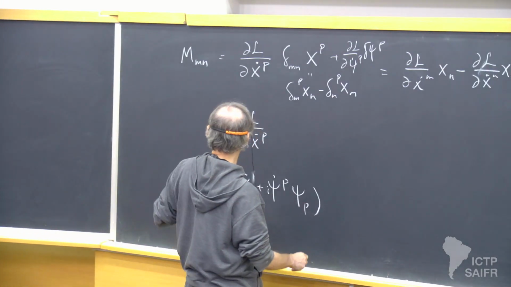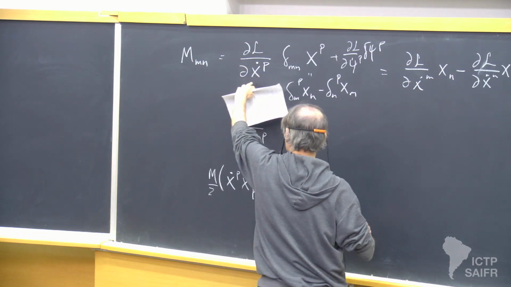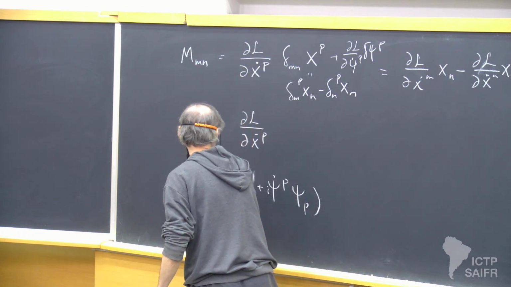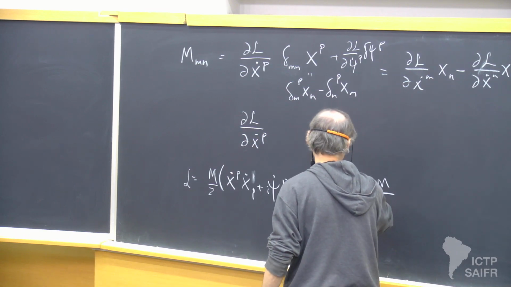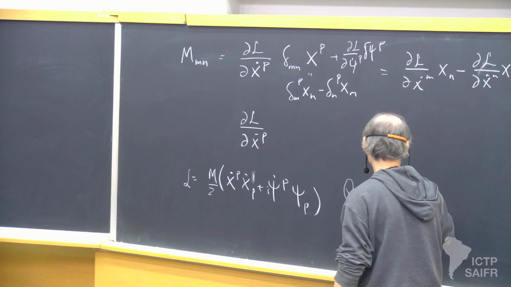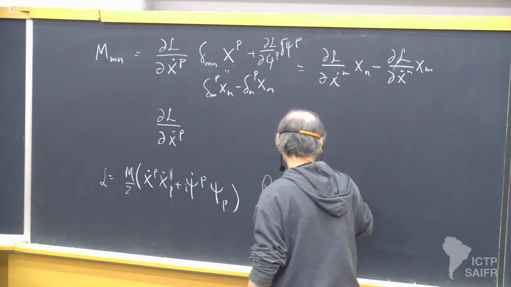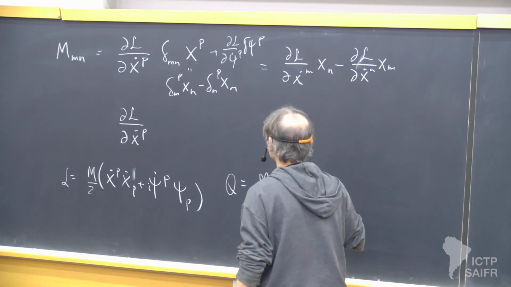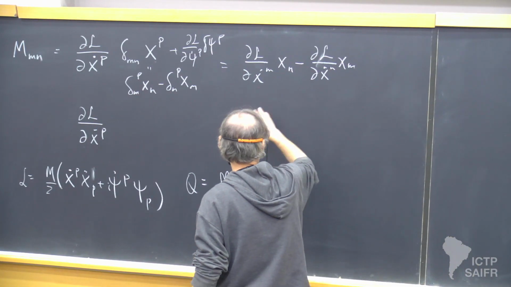So that means this thing is just going to be equal to, so DL, D of the Lagrangian with respect to X dot. So that just gives me something like M over 2 X dot P. And then the change in XP is just psi P. And then the other term is DL d psi dot, which is just psi.